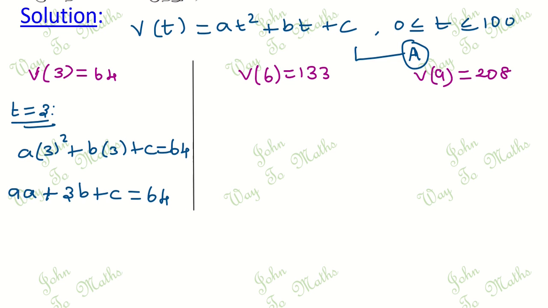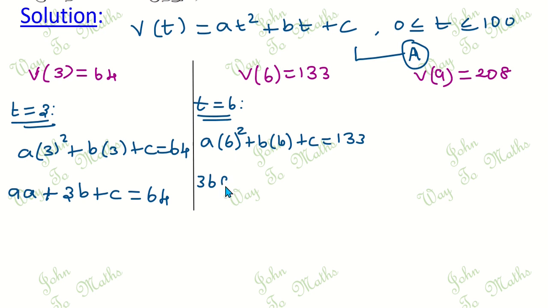Then t is equal to 6 substituted in A. So a times 6 squared plus b times 6 plus c is equal to 133. Here 6 squared becomes 36. Therefore 36a plus 6b plus c is equal to 133.